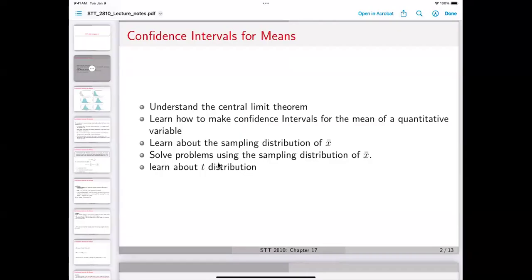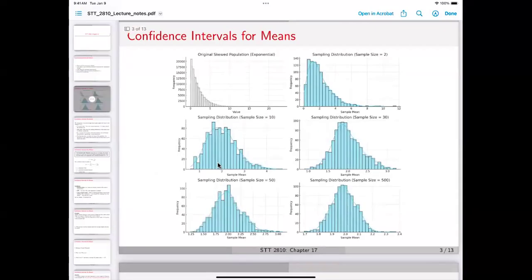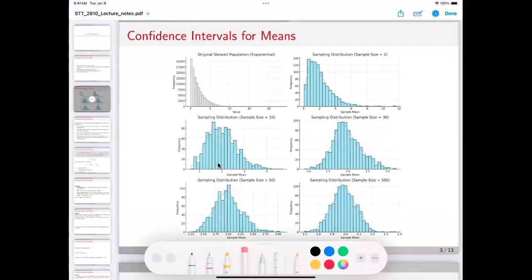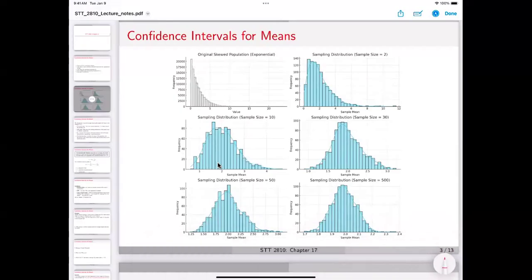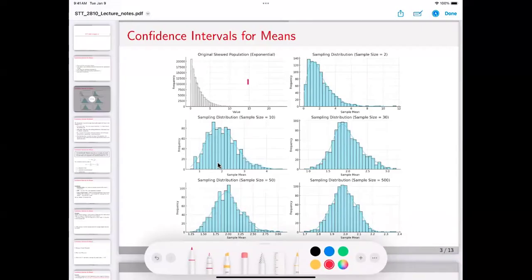So before we proceed, let's try to get the idea behind the central limit theorem, and I'm going to explain that using this graph. When we look at the first graph, I'll label that 1.